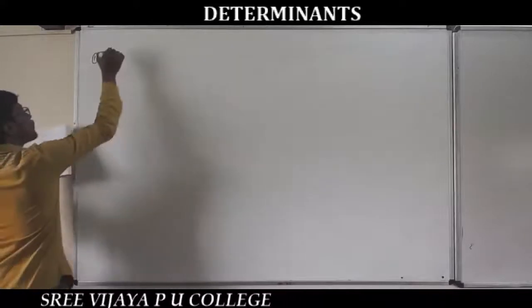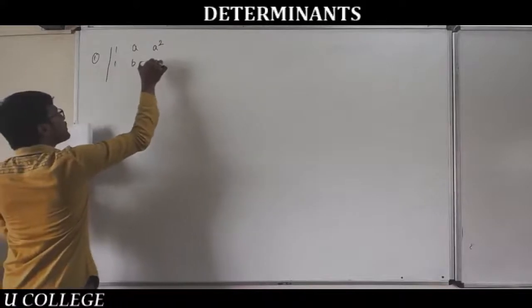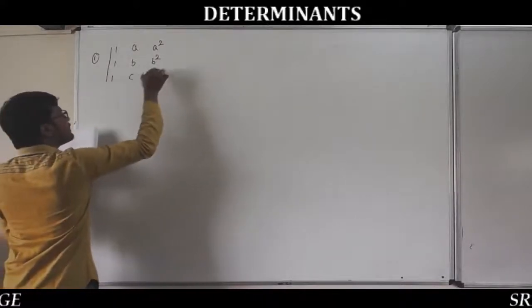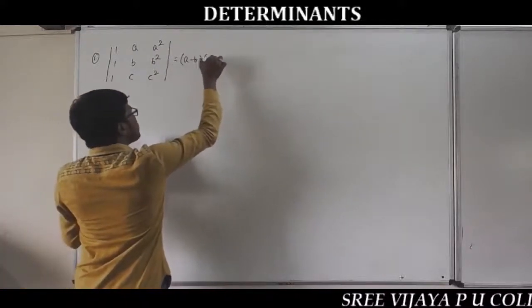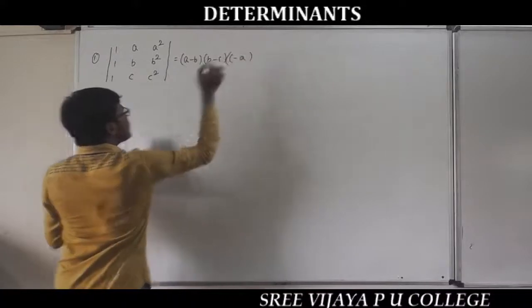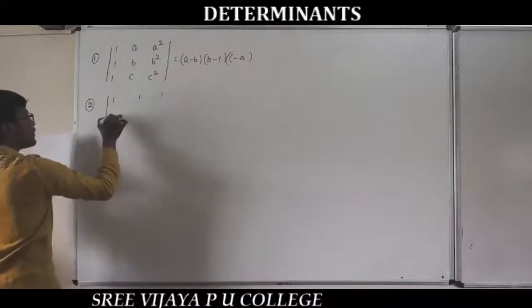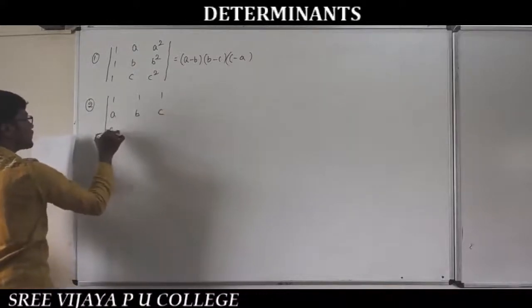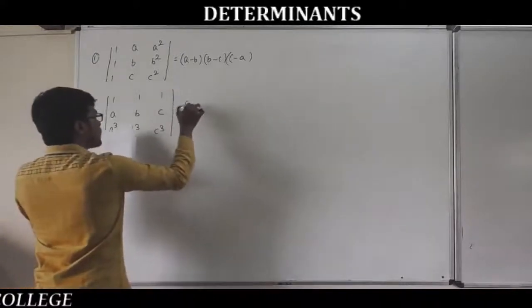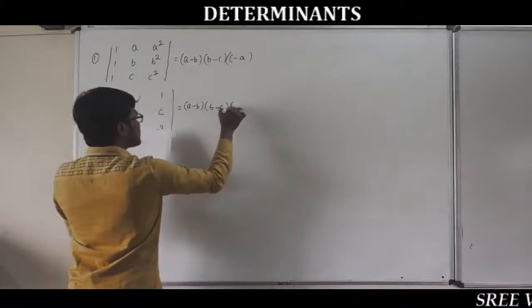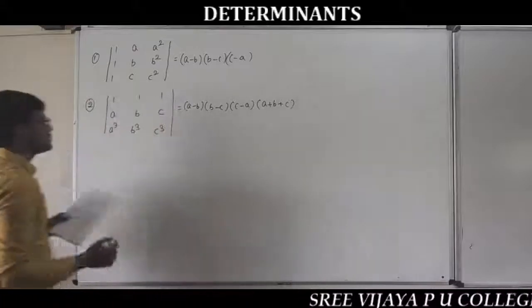So, determinant of 1, a, a square; 1, b, b square; 1, c, c square will be equal to (a minus b)(b minus c)(c minus a). And the second question, determinant of 1, 1, 1; a, b, c; a cube, b cube, c cube equals (a minus b)(b minus c)(c minus a) into (a plus b plus c).